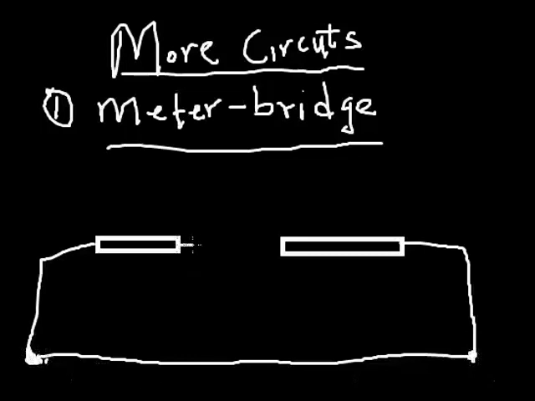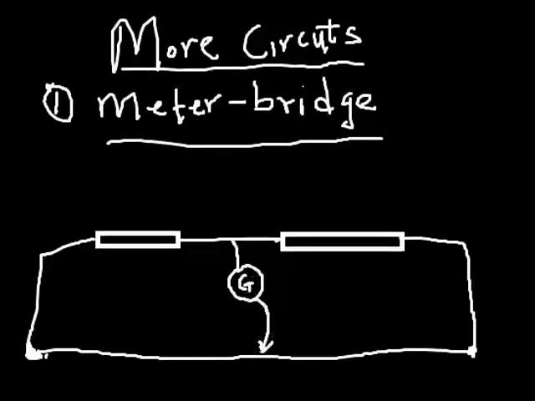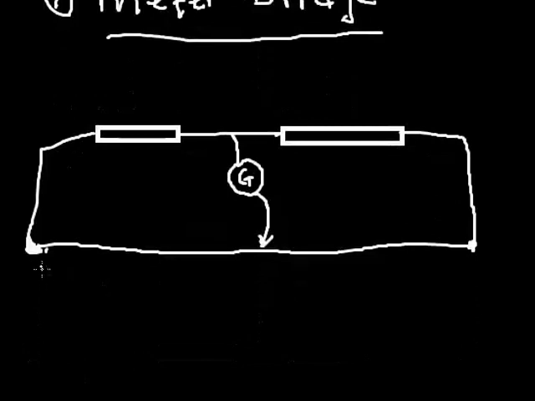In between I connect the two resistors. Then I'm going to use a galvanometer with a jockey to touch this length of wire. Let's say the length of this wire is 100 cm, from here to the end of the wire.